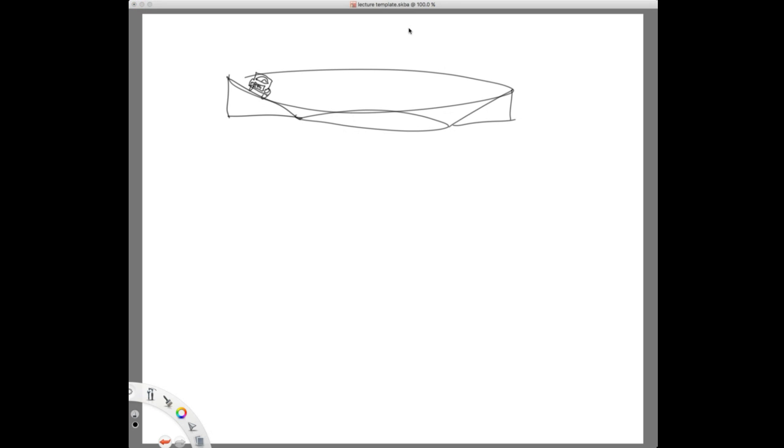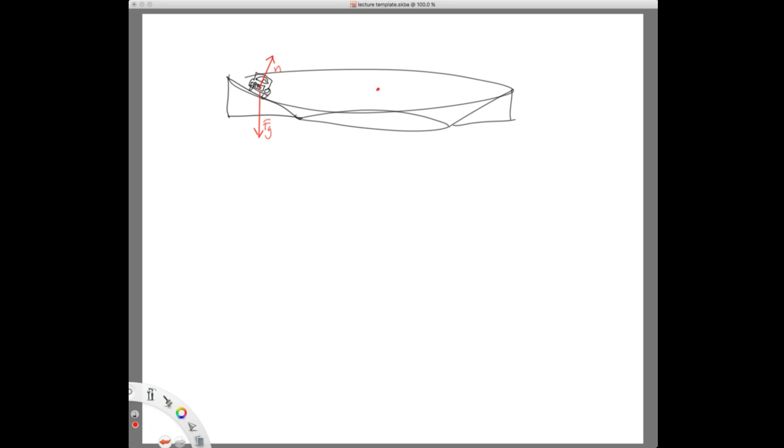Well, we have to look at the forces acting on the car, and in this case, there's going to be normal force and force of gravity. We've seen a picture like this before, and the difference between this and our previous inclined plane problems is that the acceleration vector does not point down the ramp, it points toward the center of the circle.